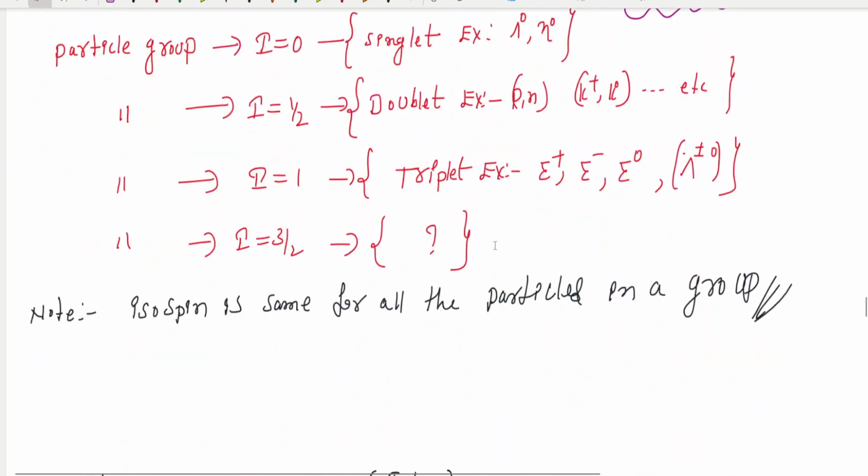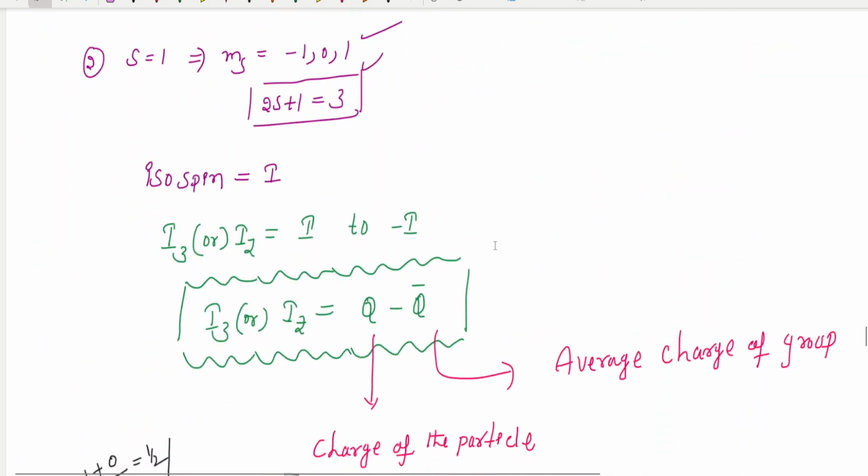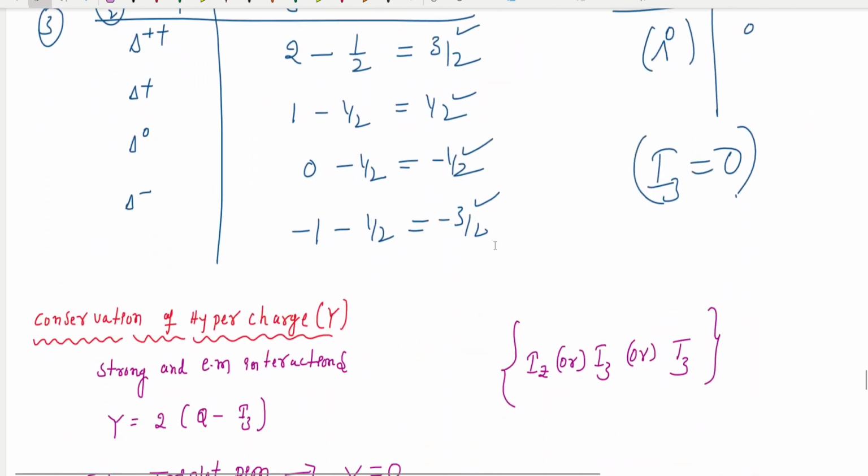These are all from previous classes. If you want these notes, I can send you, no problem.